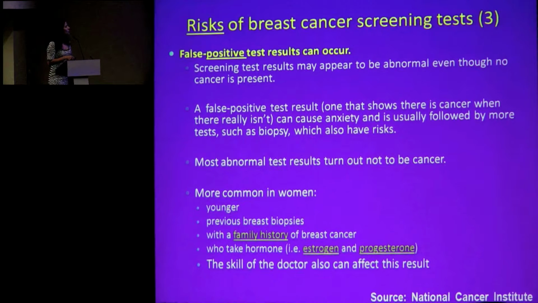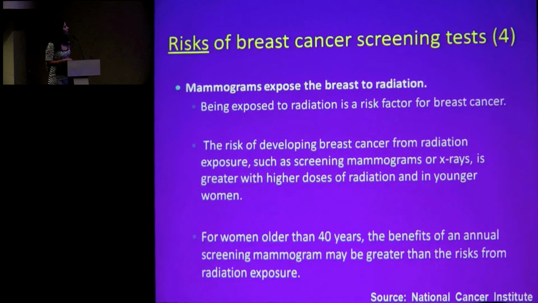False positive tests, when they occur, can cause anxiety, and are usually followed by more tests such as biopsy, which can also have risks. Most abnormal test results turn out not to be cancers, and this is actually more common in younger women, those with previous breast biopsies, those with a family history of cancer, and other factors also influence this kind of outcome.